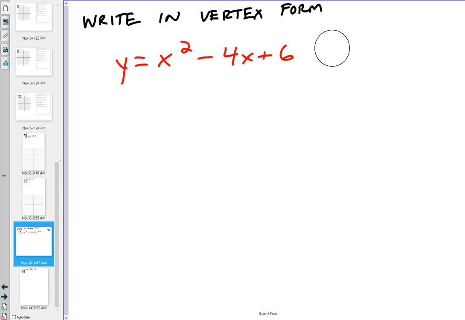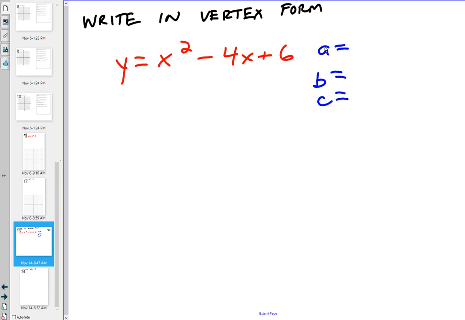A, B, and C. What values would I have if I was in vertex form? A, H, and K. So I can teach you how to turn an A, B, and C into an A, H, and K. That's the way I'm gonna do it.